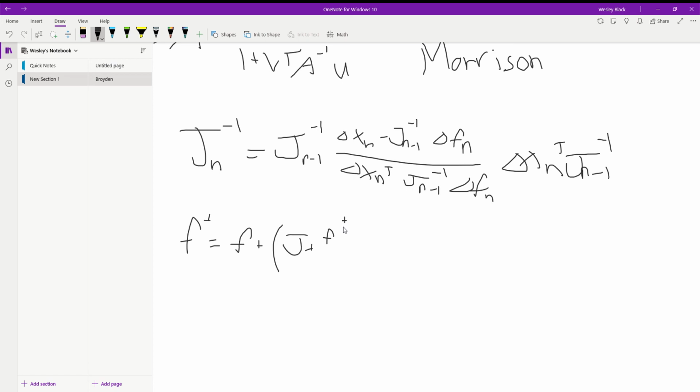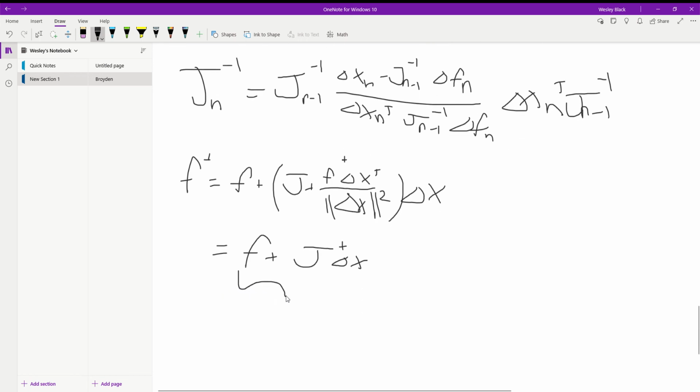Don't ask how it gets back in there, but it does. A delta x transpose all over that nice term we might remember. This one, the squared norm, and then a nice x delta x, which is then itself equal to the function plus J plus, or J a bit further, delta x.